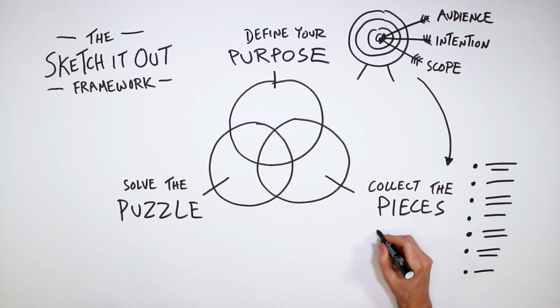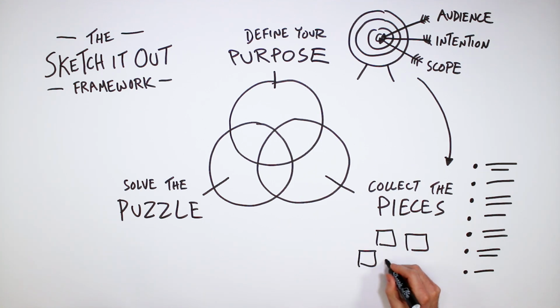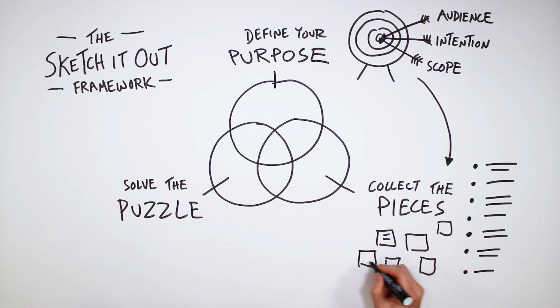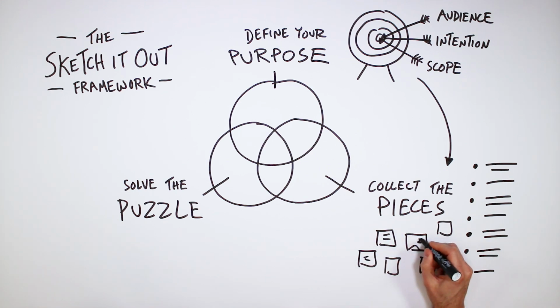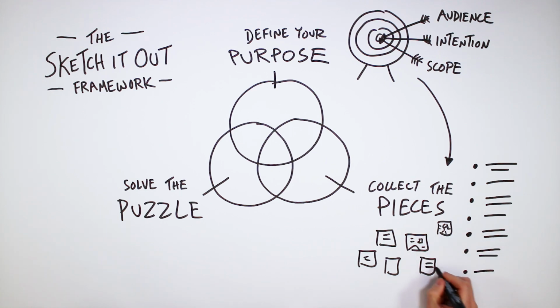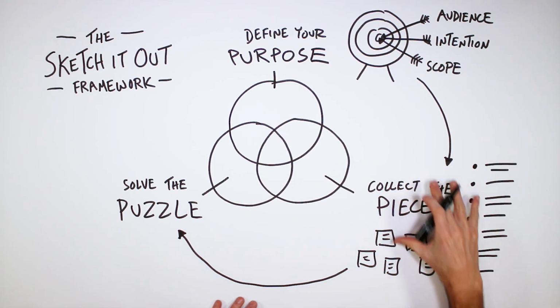If you've got more modular materials like sticky notes available, you might use those instead for this process because that will allow you to move around any individual idea or little sketch if you want. You can do some sketching out in this phase as well, but don't get too caught up in any individual drawing in this stage of the process because here you just want to get all of the individual ideas down because it will be in the solve the puzzle stage of the process where you actually bring those ideas together.